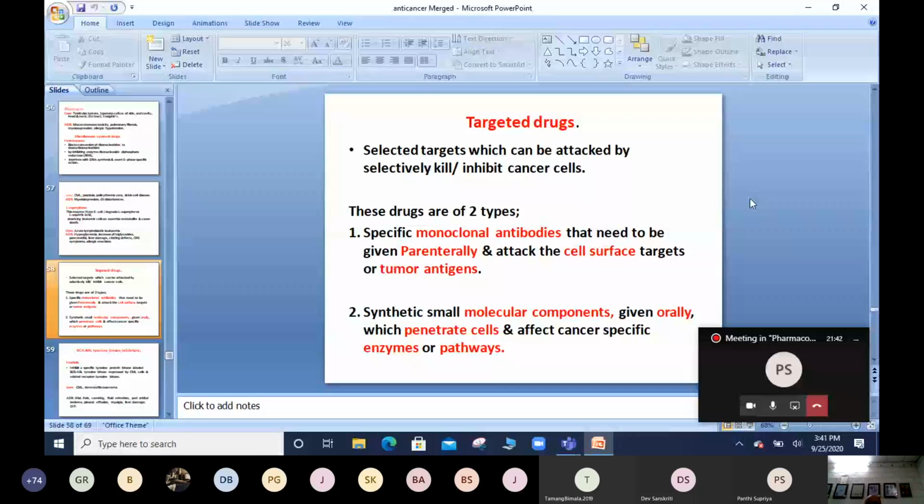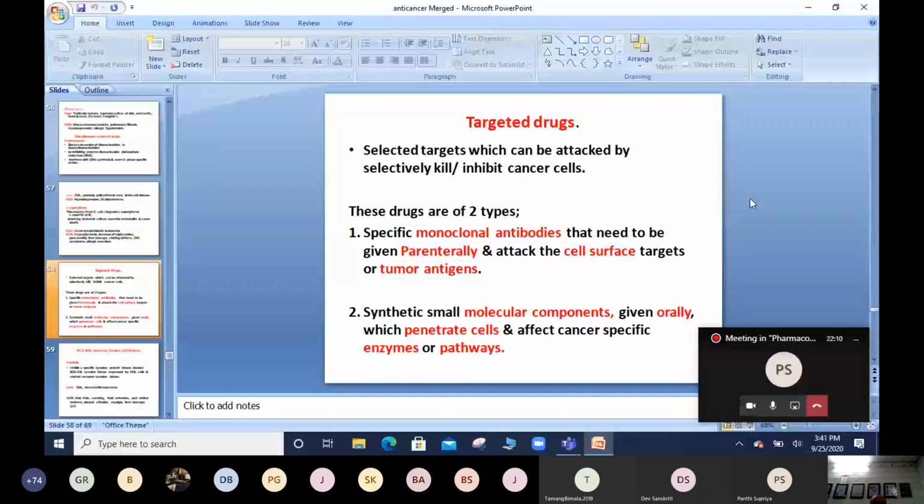What do we mean by that? There are selected targets on cancer cells which can be attacked by these drugs, and by hitting that target they will selectively kill or inhibit the cancer cells.